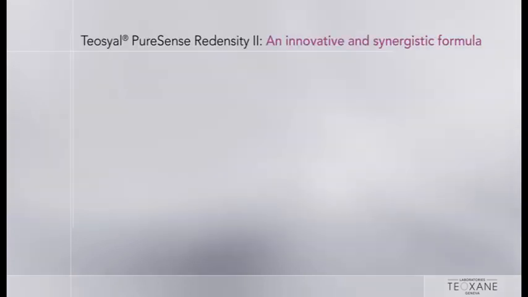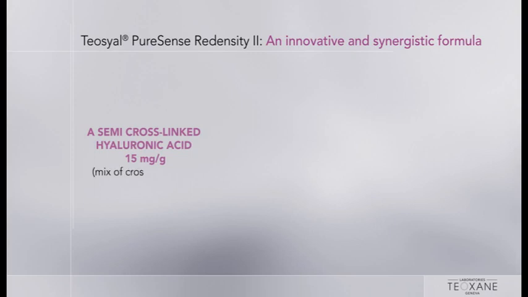The innovative and synergistic 3-in-1 formula of Redensity 2 combines different ingredients: a semi-cross-linked hyaluronic acid at 50 mg. The hyaluronic acid of Redensity 2 is a mix of cross-linked hyaluronic acid and non-cross-linked hyaluronic acid, conferring unique properties to the gel.